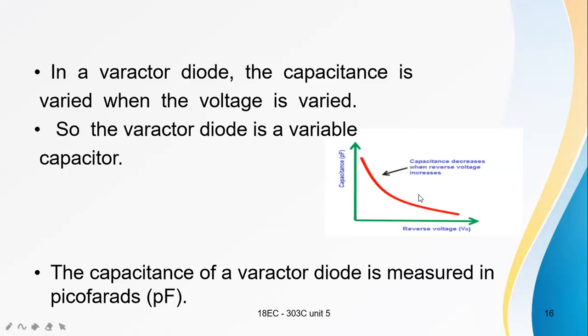Capacitance decreases when reverse voltage increases. In a varactor diode, the capacitance is varied when the voltage is varied. That is the reason it is called a variable capacitance. The capacitance of a varactor diode is in the order of picofarads.